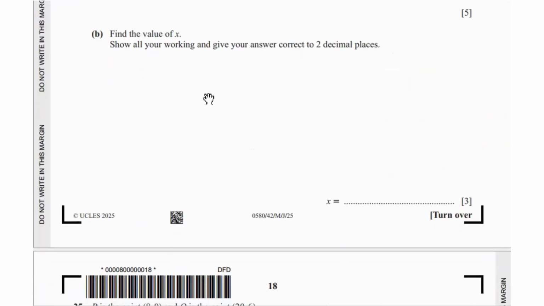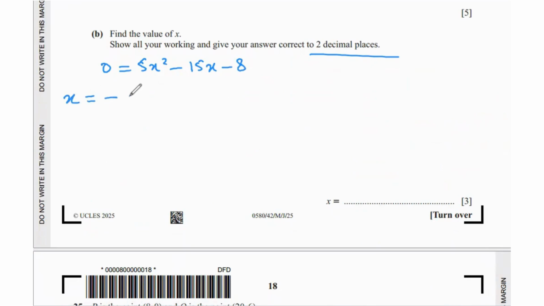Then it says find the value of x, show all your working, giving your answer correct to 2 decimal places. So the equation was 5x squared minus 15x minus 8. So we need to factorize this. It clearly says give your answer correct to 2 decimal places, which means we will be using the quadratic formula.